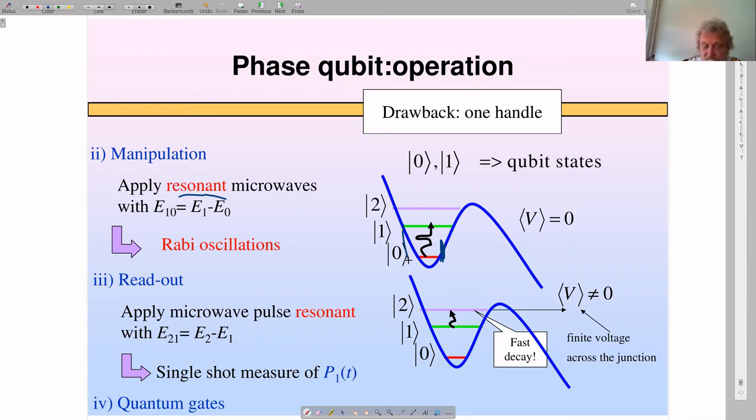Fine, that's common for all the qubits. What is less common, what is the specific trick implemented for this qubit? In order to read it out, one applies a resonant pulse actually between the levels 1 and 2.